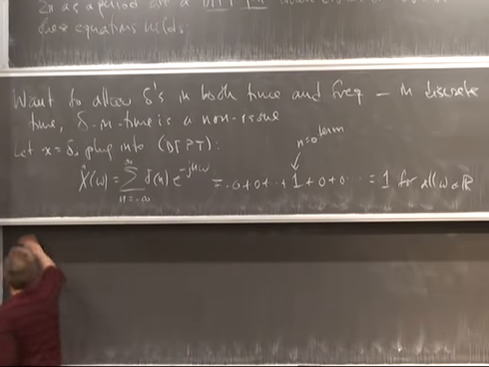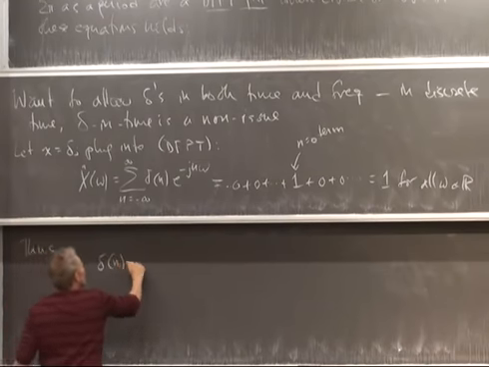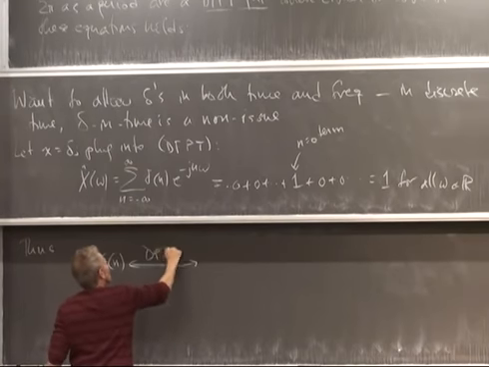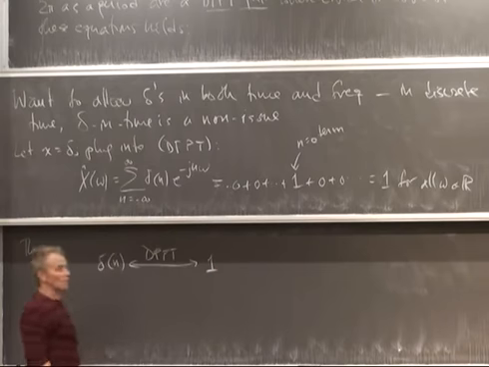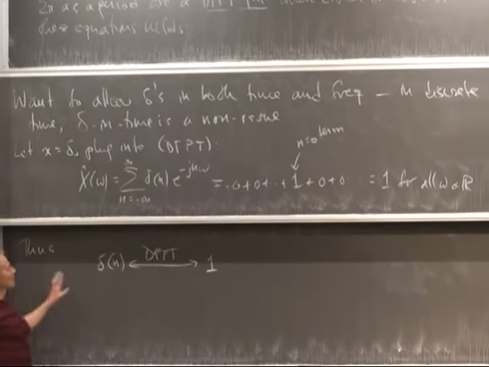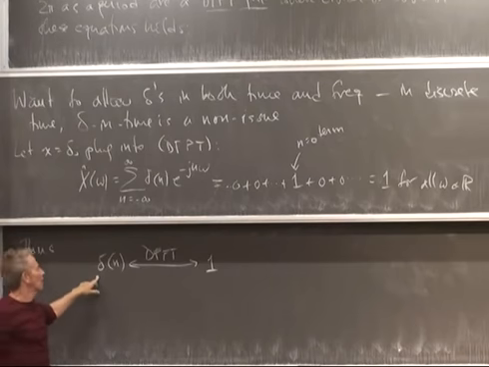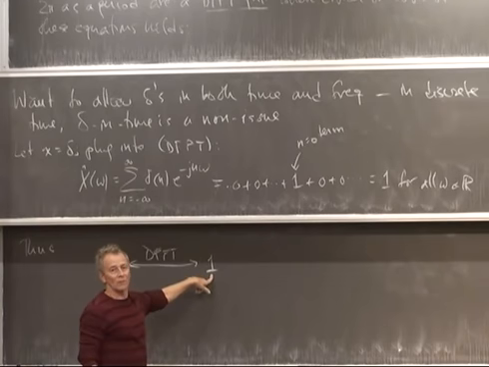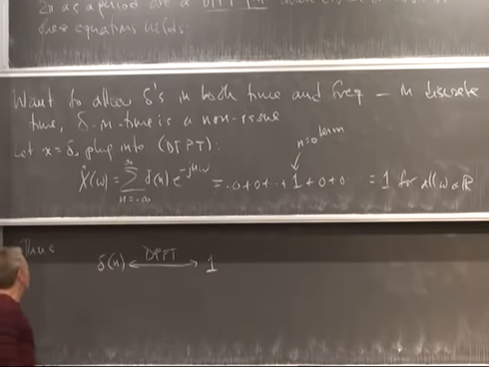So thus, delta of n goes with 1. That's the way people write it in a table of DTFTs. And what we really mean by this is that the signal x with specification x of n equals delta of n for all n has DTFT x hat with specification x hat of omega equals 1 for all omega. Okay? Impulse in time goes with a flattened frequency.